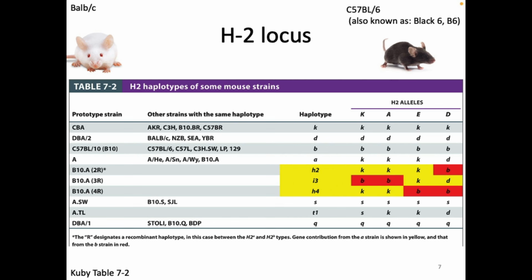What it means, if I see that a mouse is of the H2B haplotype, is that the version of K it got from its mom is called K of B. The version of K it got from its dad is K of B. The D from its mom is D of B. The D from its dad is D of B. L of B, L of B, IA of B, IA of B, IE of B, IE of B.